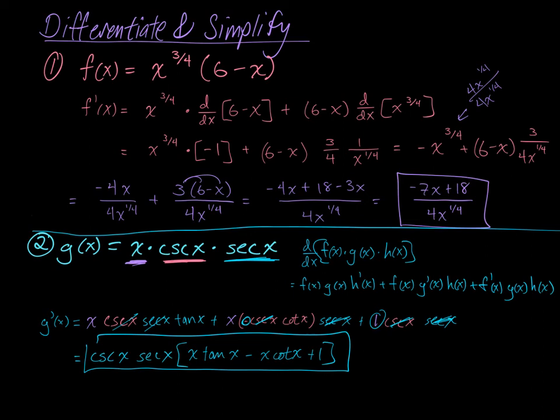Sometimes it might be easier to distribute one term over a couple of terms like this and call that equal to 6x to the 3/4 minus x to the 7/4, and find the derivative of this instead of using the product rule over here. But you will still have to simplify this answer and get something similar to what you see down here.